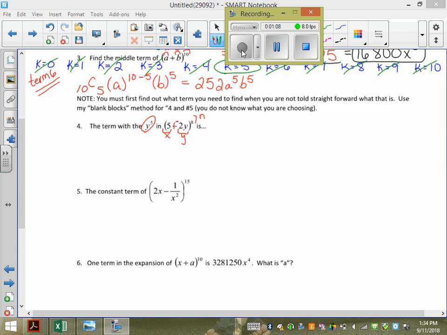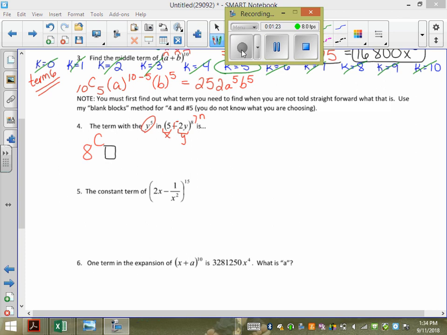So let's fill in everything we know and leave the k's as blanks because we don't know what they are. So we're going to have 8 choose k. I'm going to fill in a box instead of a blank.